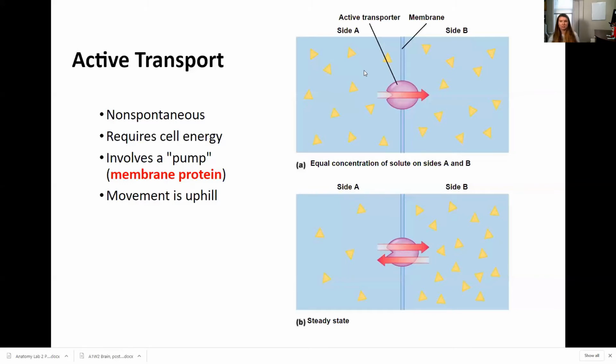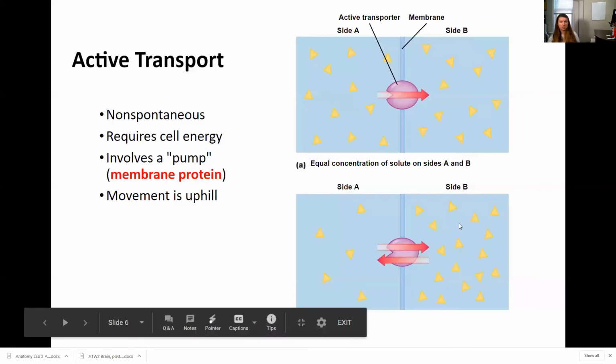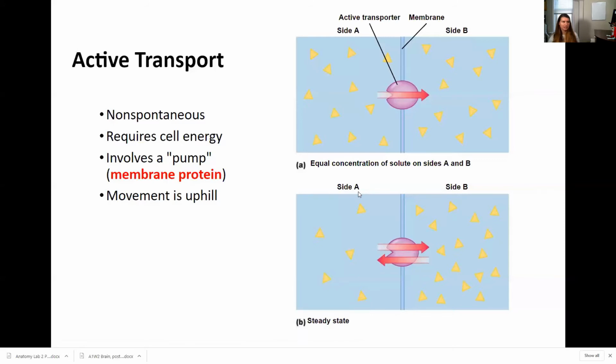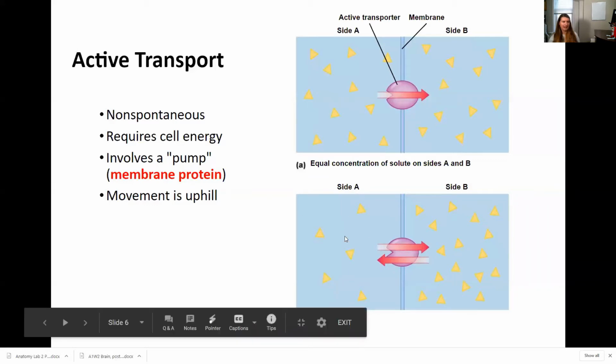This is their preferred state. So if we want to change that, if we want to increase the concentration of side B and decrease the concentration of side A, if we want to have net movement of these molecules, we are going to have to use active transport. So this would happen via active transport.